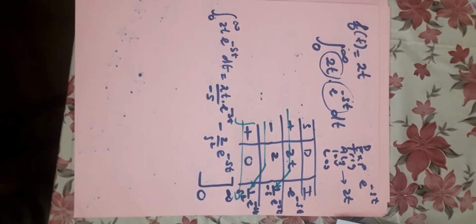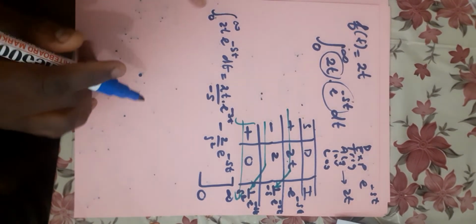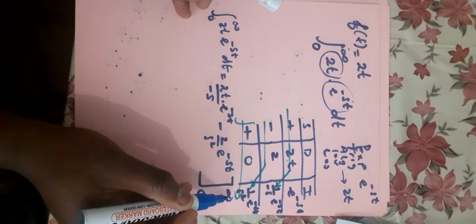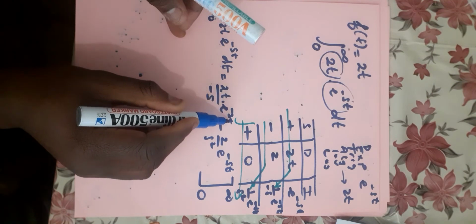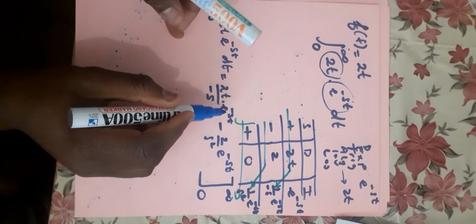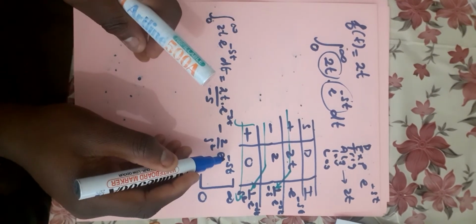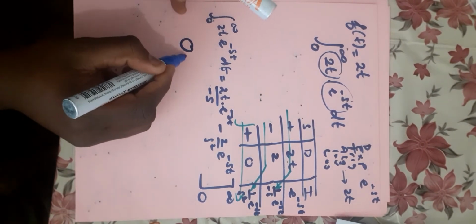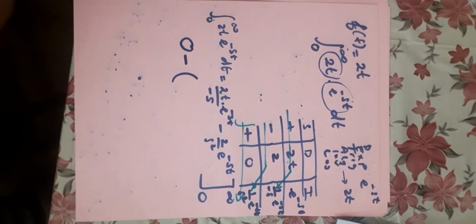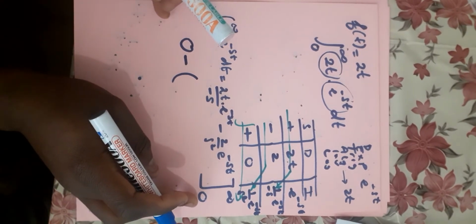Please go back and check the integral, how you solve the integral. If we put infinity here, because I have minus st, it's going to give me 0. If I put infinity here again, it's going to give me 0. So the first part gives you 0, then you put minus. Now we put 0.